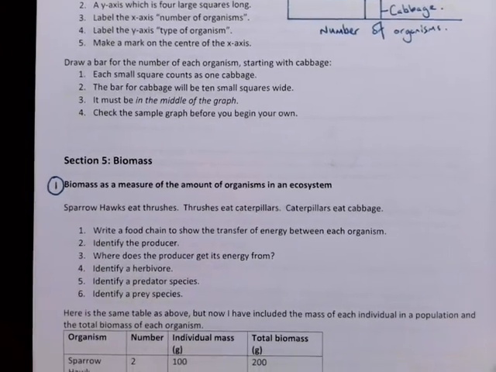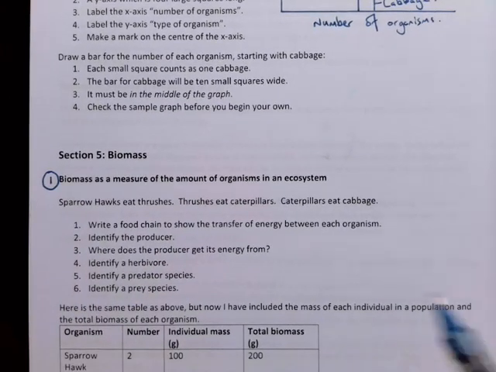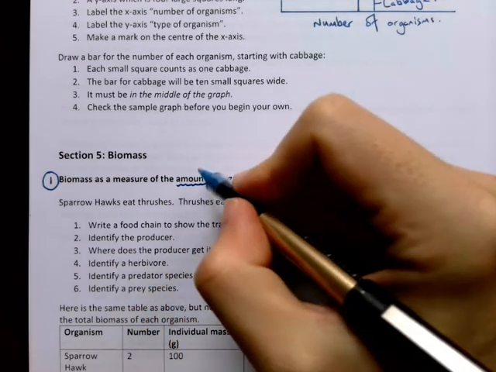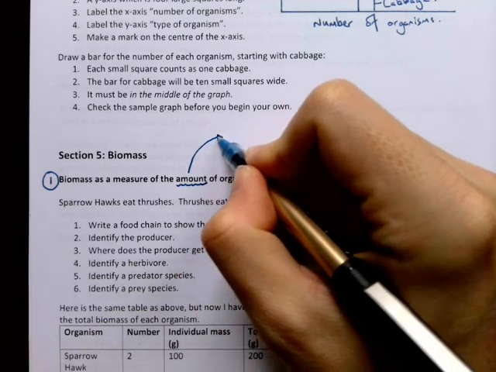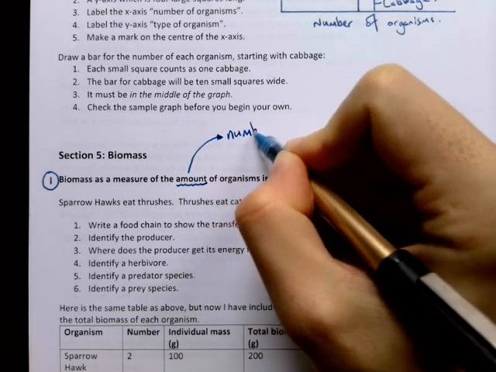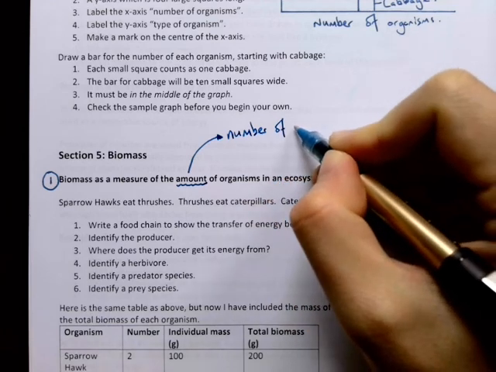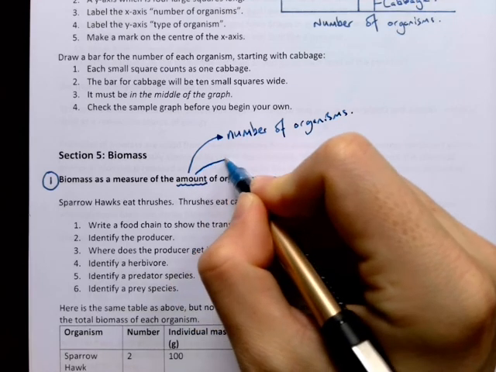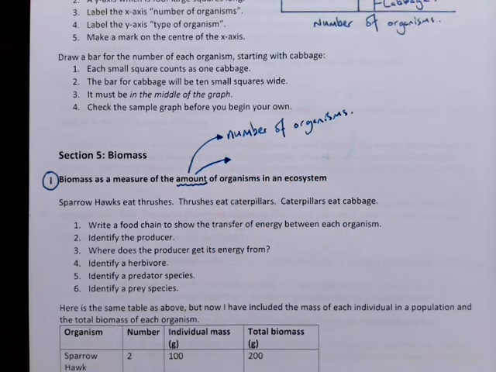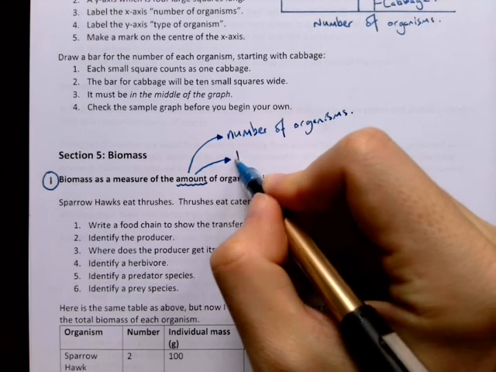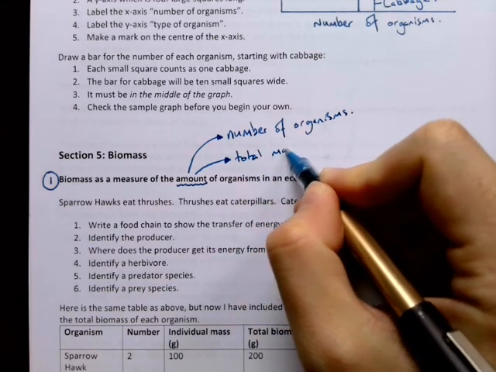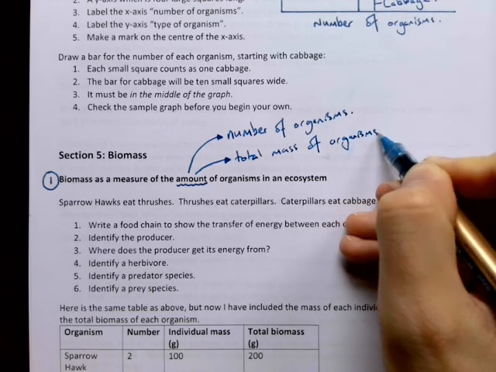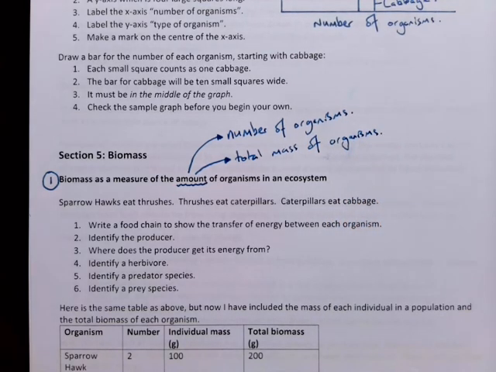Okay, but the problem is that when we talk about amount, we can talk about either the number of organisms, or we could talk about it differently, and we could think about it in terms of the total mass of organisms. Now, what do I mean by that?